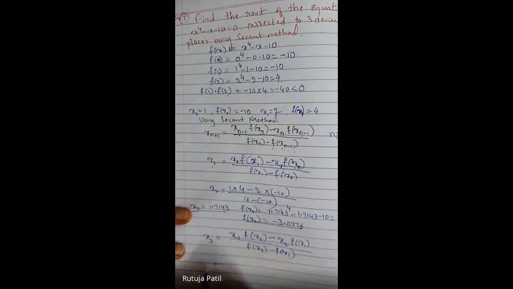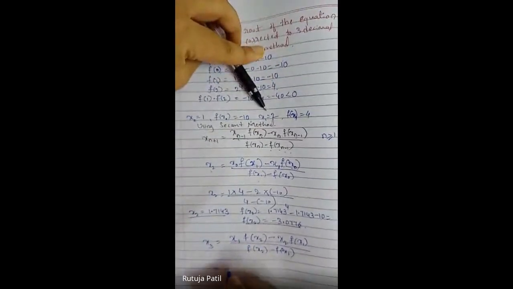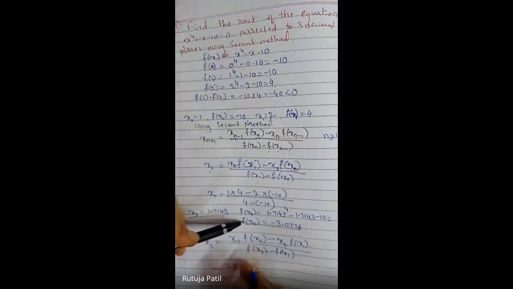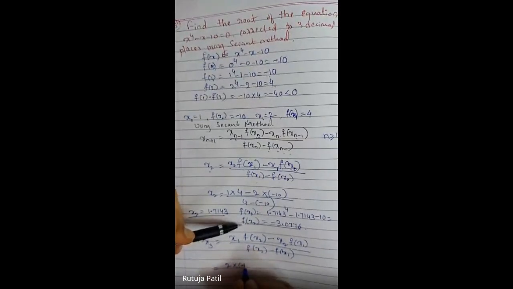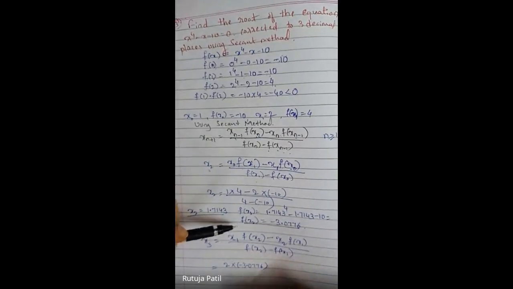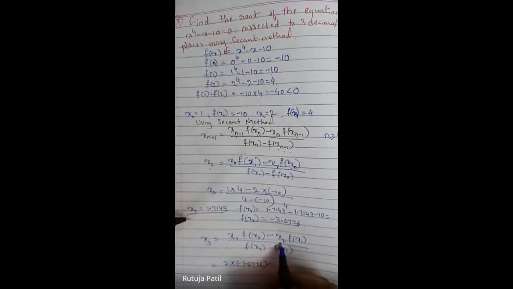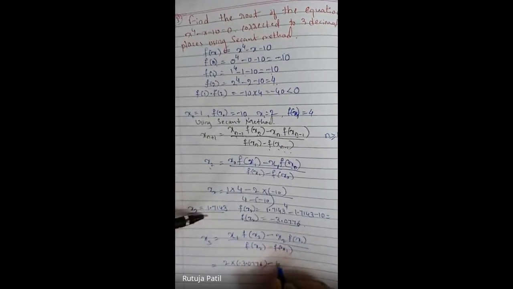Substitute the corresponding values. x1 value is 2, multiply f of x2, see this one, minus 3.0776, then minus x2 value, this one, right?